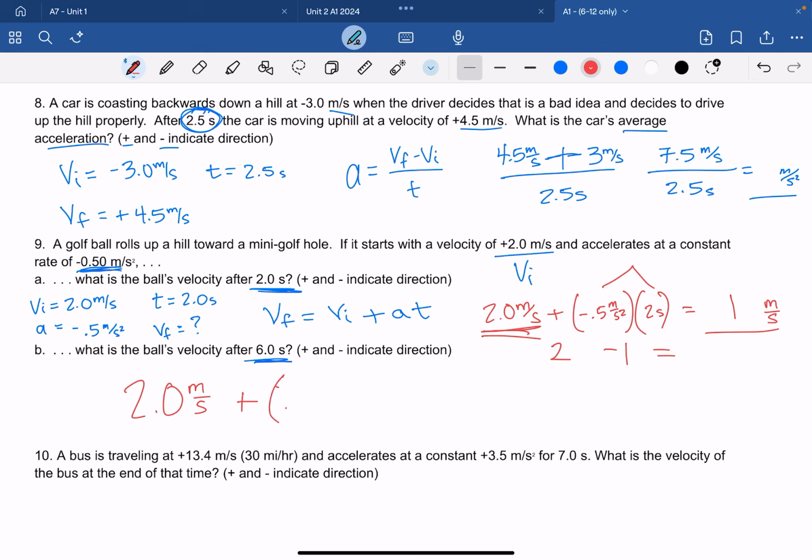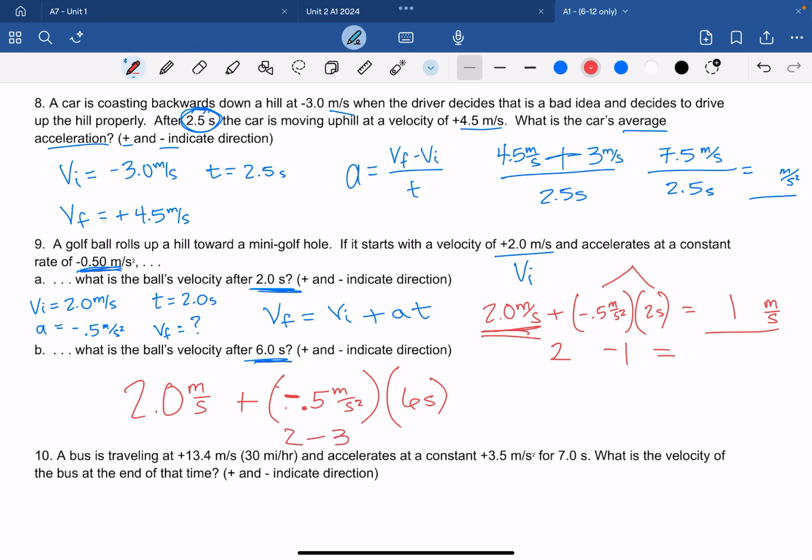We are accelerating at the negative 0.5 meters per second squared. And then this time, instead of multiplying by 2 seconds, we're going to multiply by 6 seconds. So negative 0.5 times 6 is actually going to be negative 3.